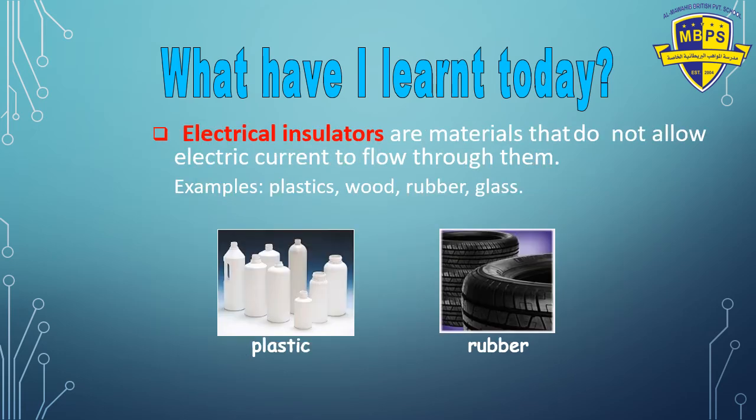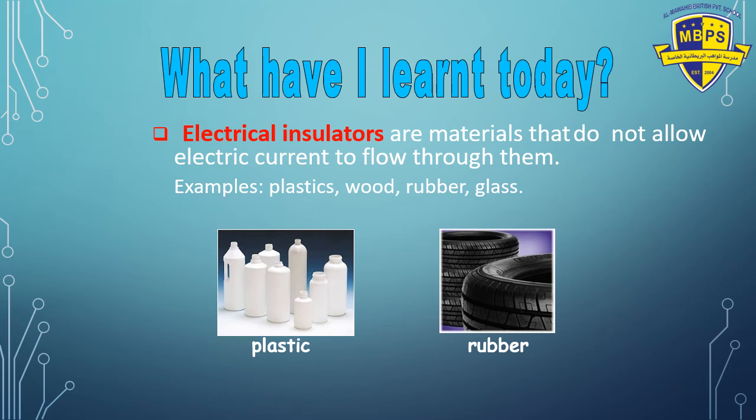And what else did you learn? You learned about electrical insulators. Electrical insulators are materials that do not allow electric current to pass through them or flow through them. For example, plastic, wood, rubber, and glass.